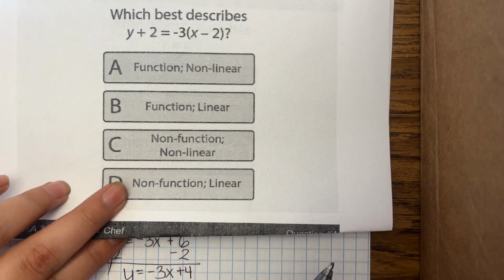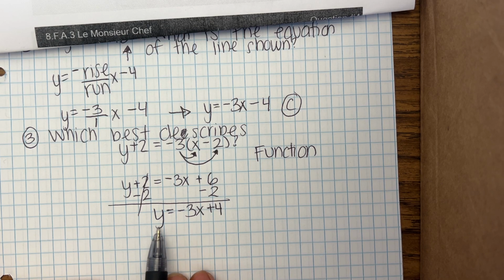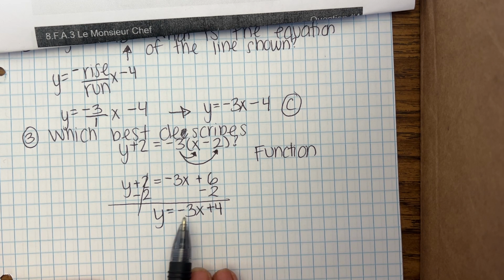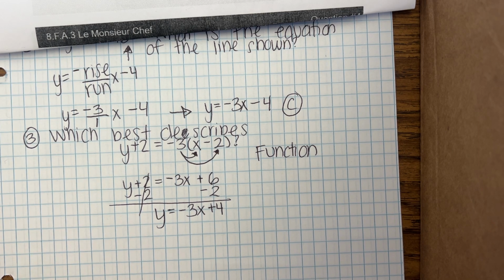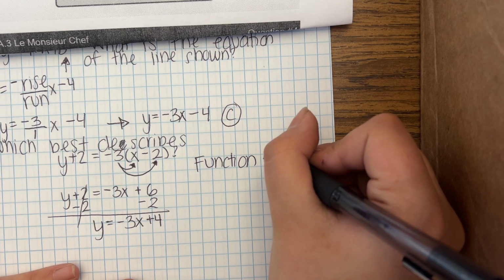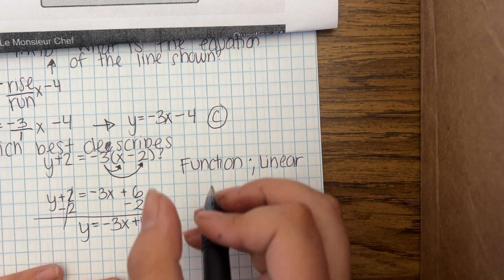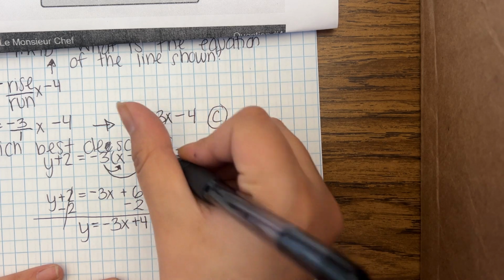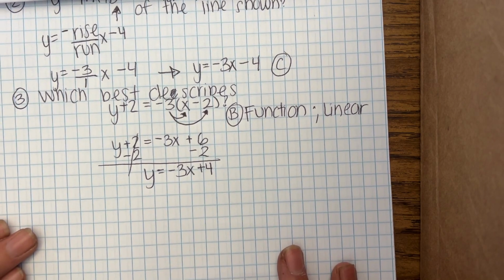Remember, in order to find out, we had to see if it has the form of y equals mx plus b. So it has y, the m would be negative 3, and the b would be 4. So does it have everything to qualify it to be linear? Yes. So it'd be a function and linear. Okay, so that is choice B. Okay. Choice B.